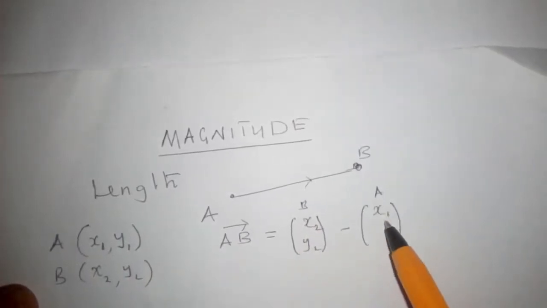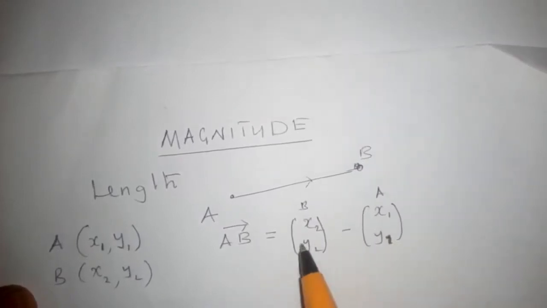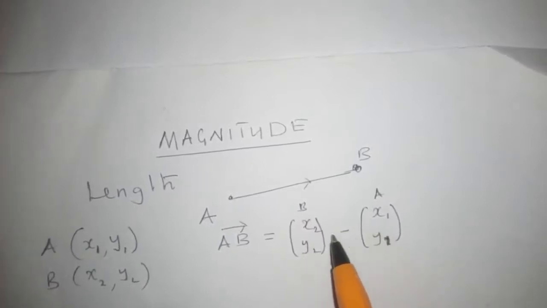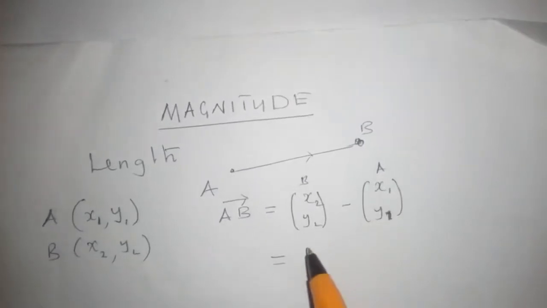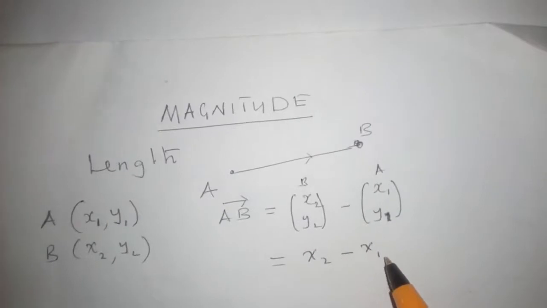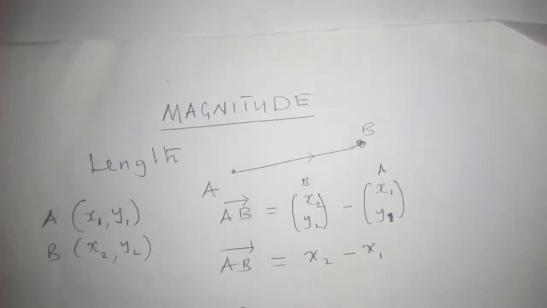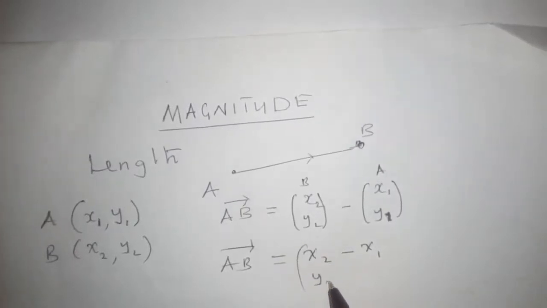Here we'll say x sub 1, y sub 1. So this is how we find the vector. So when you work it out, you find that you have x sub 2 minus x sub 1. This is vector AB. And down here we have y sub 2 minus y sub 1.